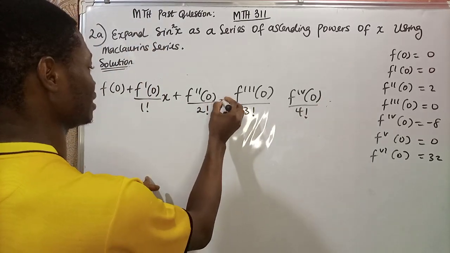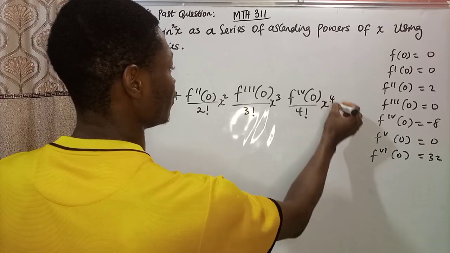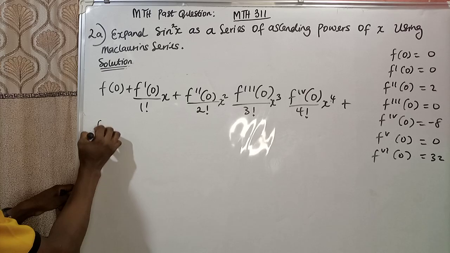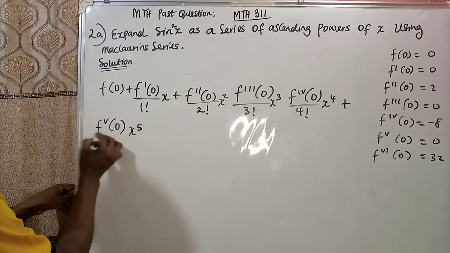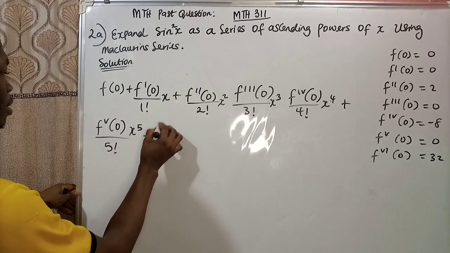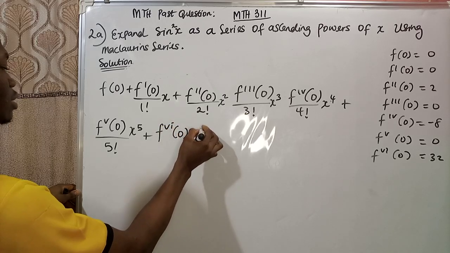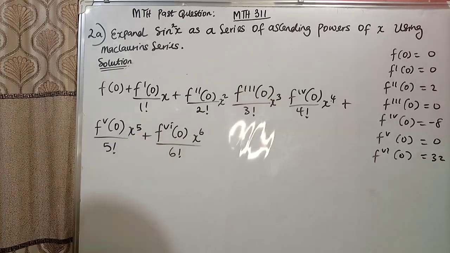This one is x to the power of 2, x to the power of 3, x to the power of 4, plus f v of 0 x to the power of 5 all over 5 factorial, plus f vi of 0 x to the power of 6 all over 6 factorial.